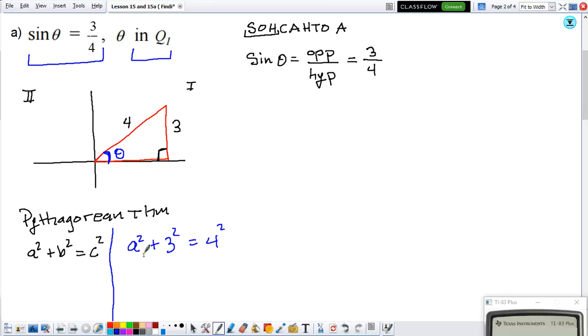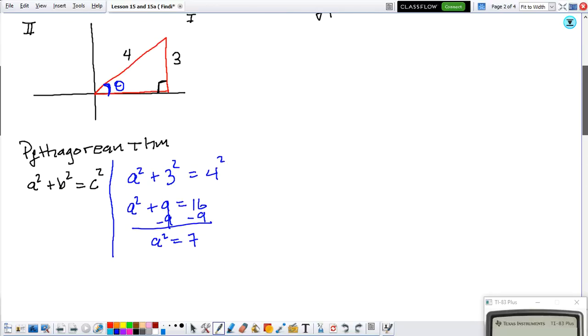Now let's simplify this. We've got a squared, 3 to the second is 9, and 4 to the second is 16. Let's solve for a, so minus 9. So we know that a squared equals 7.